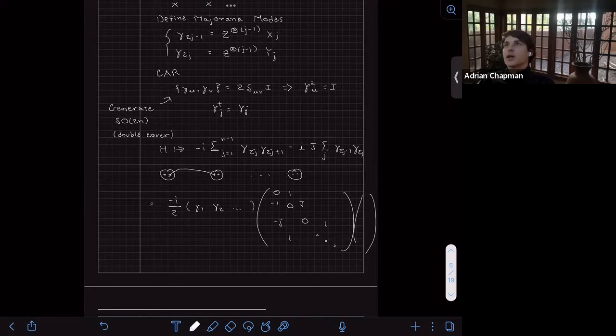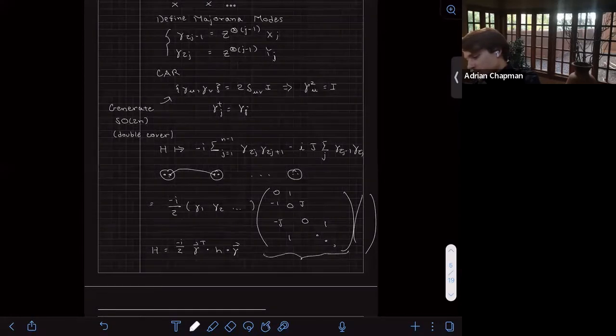And so compactly, this is written as H is minus i over 2 times gamma transpose contracted with the single particle Hamiltonian, where I designate gamma as a column vector. I'll just say this is called the single particle Hamiltonian.